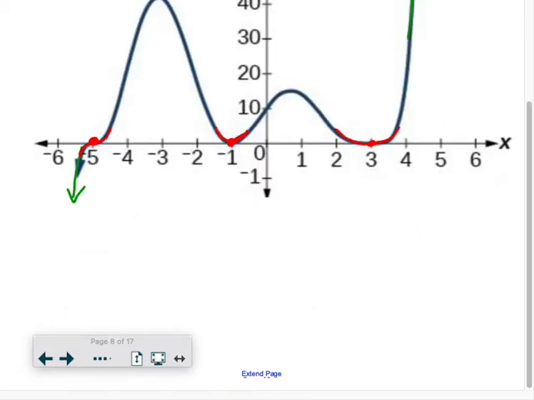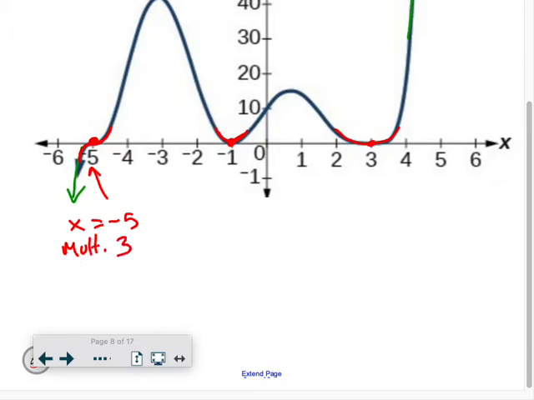So if I look at this, we know that this is a root at x equals -5, and there's a concavity change. This is 1, 2 turns right there. That's going to indicate multiplicity. So I'm going to note that multiplicity 3.